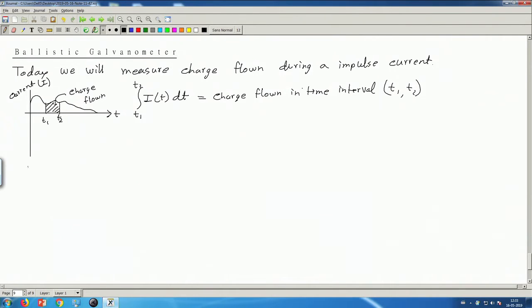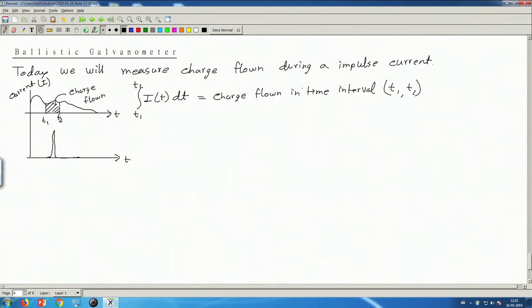Now, an impulse current is a current which exists for a very short duration, maybe it is like this.